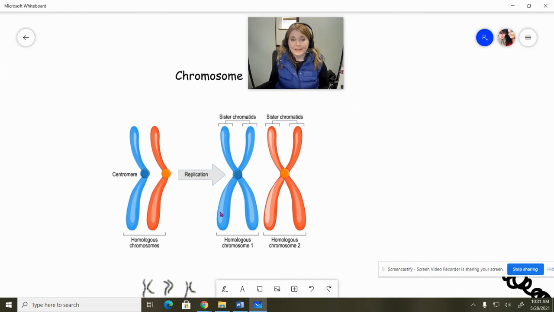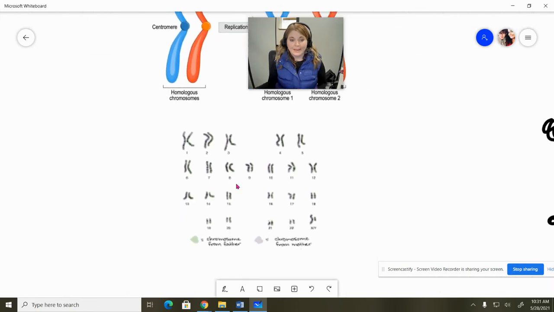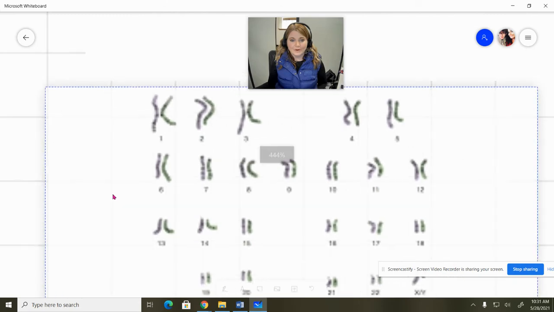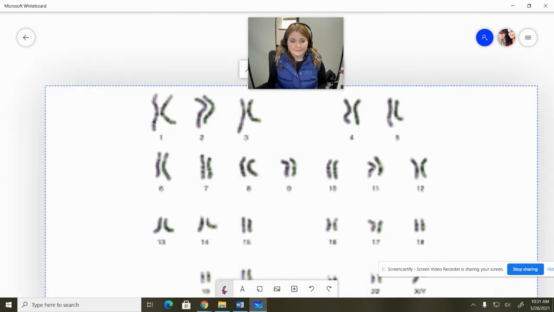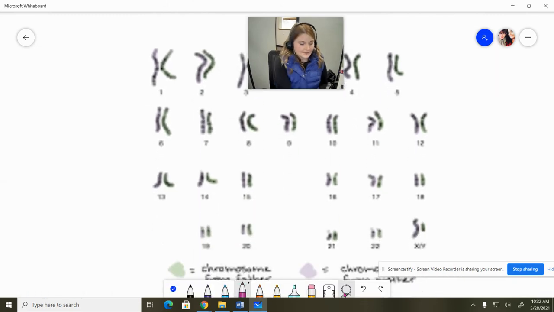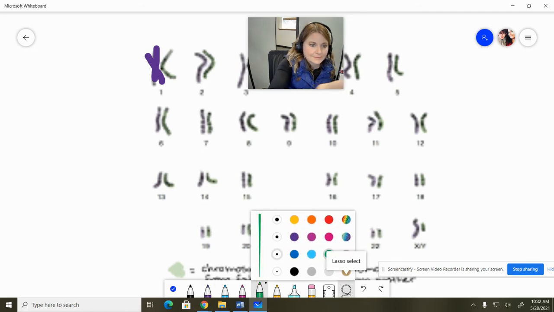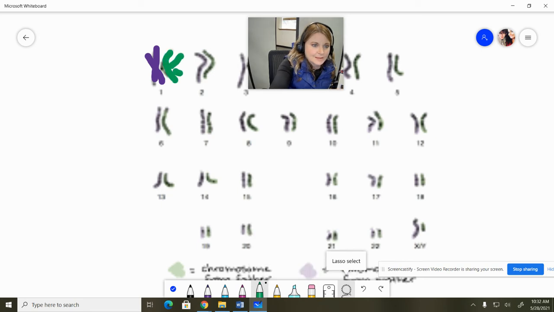So now we are doubling our DNA. At that point, remember, we would have 23 pairs. As you can imagine, right before mitosis, each one of these is going to be doubled. So you'd have two of these guys here, right?